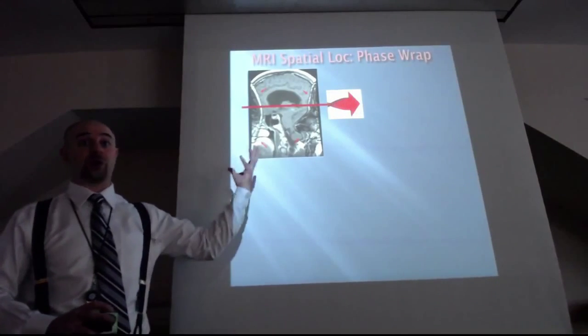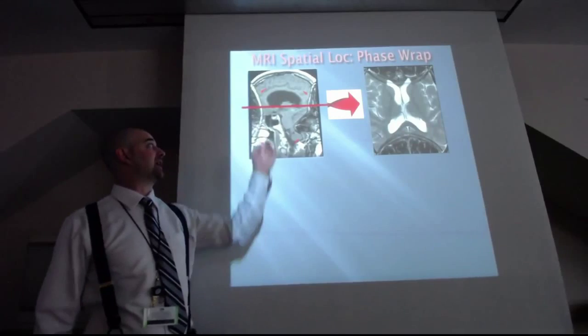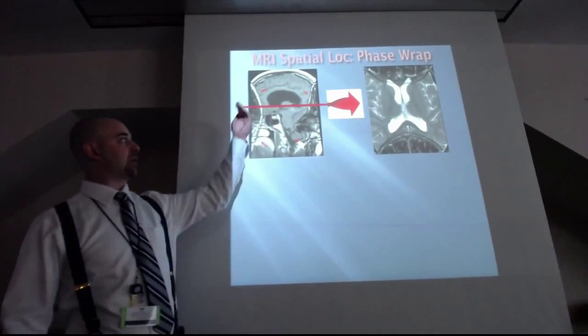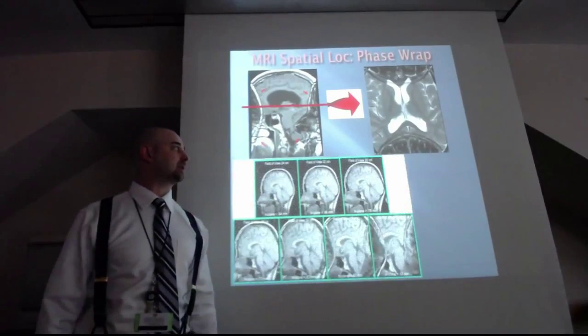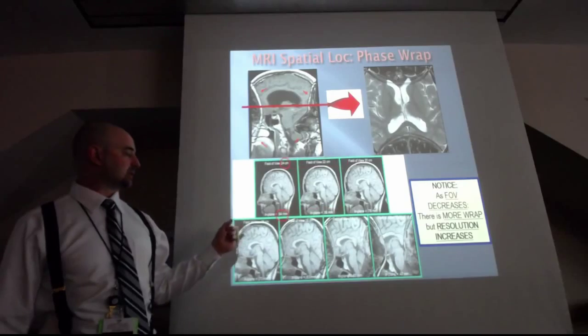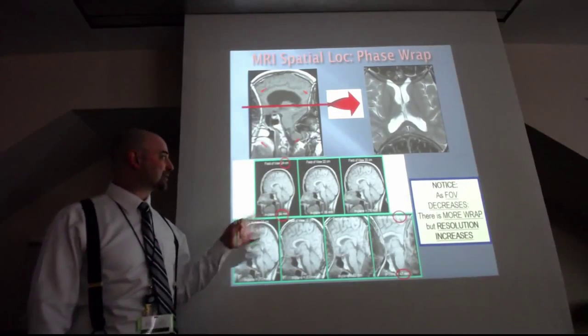So here's, in real life, what it would look like. It's a sagittal image of a brain with wraparound artifact. The nose is wrapping in through the back, and the back of the head is wrapping in through the front. And if we were to flip that and look at an axial, you can see what it looks like there. And this is also an excellent image, not mine, but from a very old Google search.